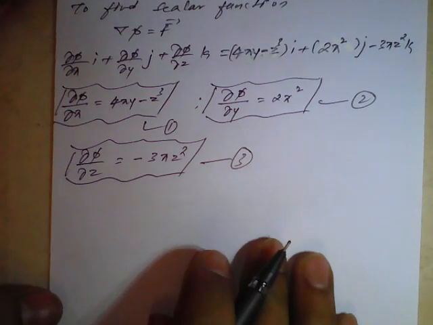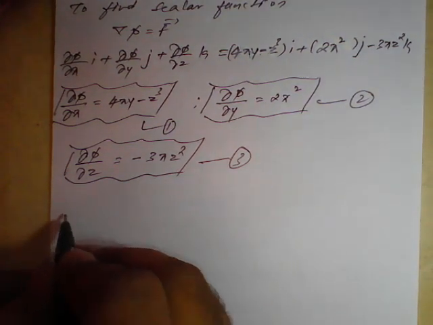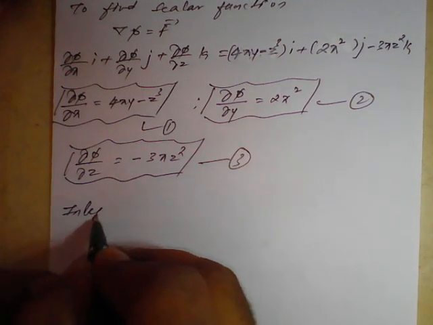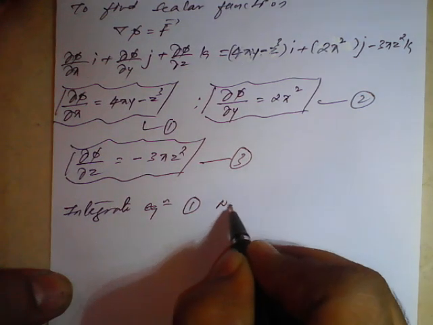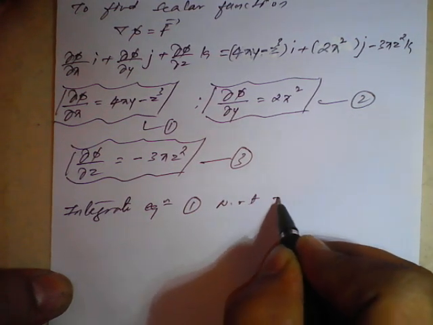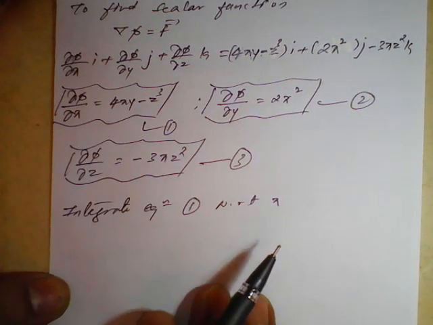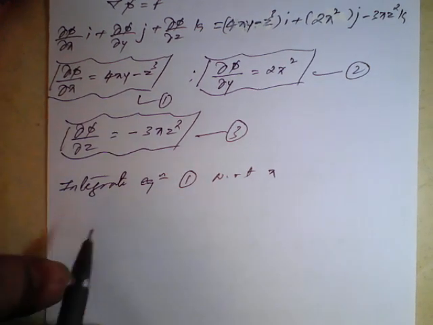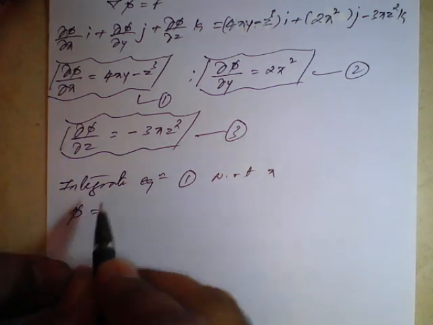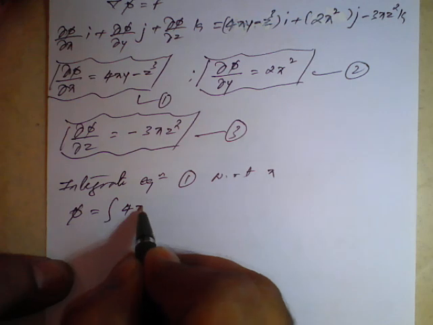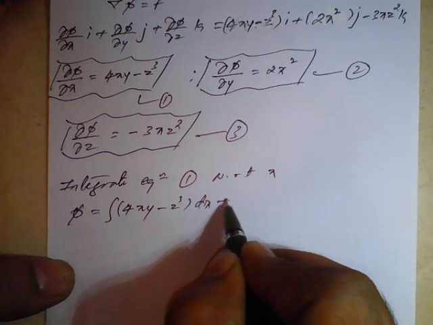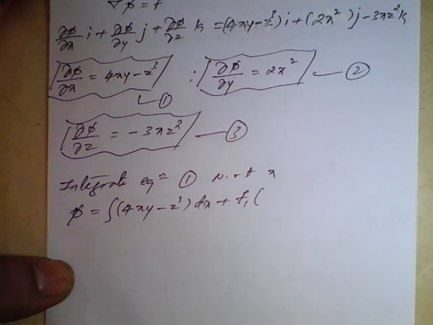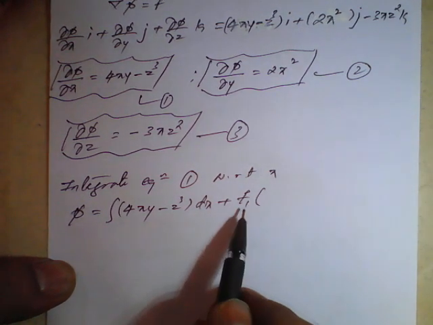So we'll start one by one. Integrate equation number 1 with respect to x. On integration, dou phi by dou x will become phi. So integration of 4xy minus z cube with respect to x plus the integrating function f1.